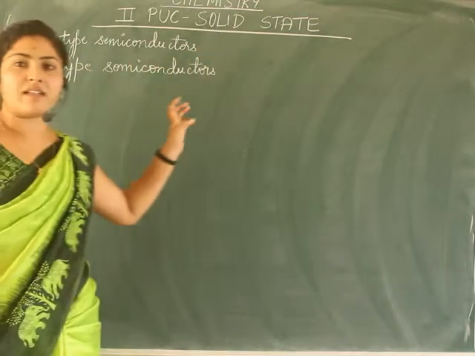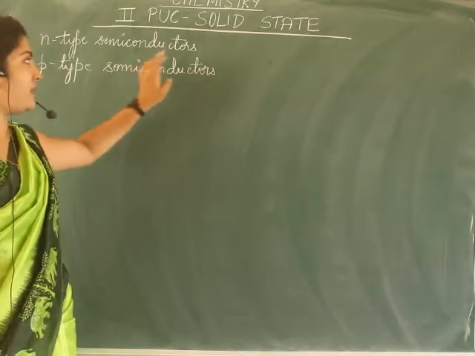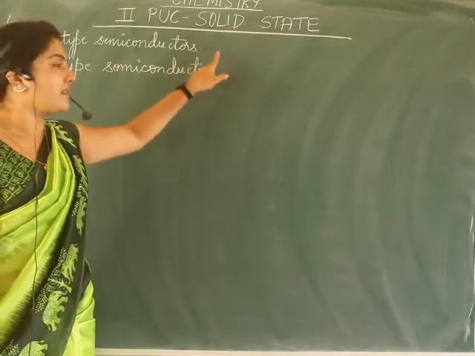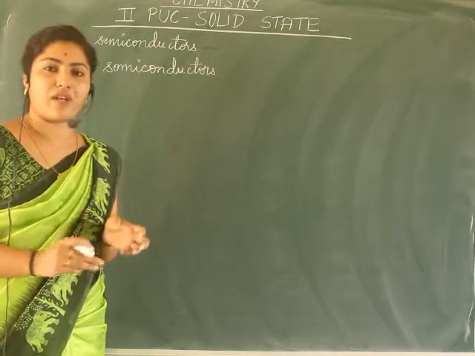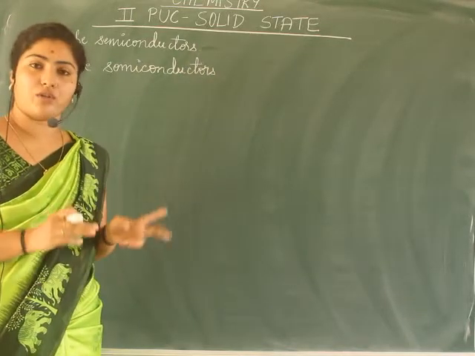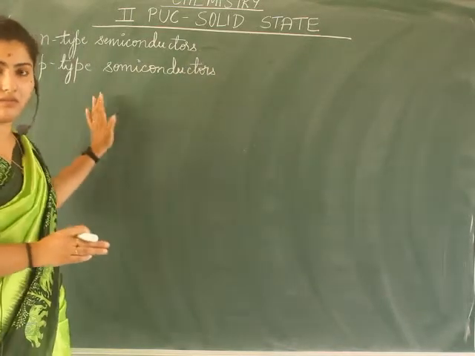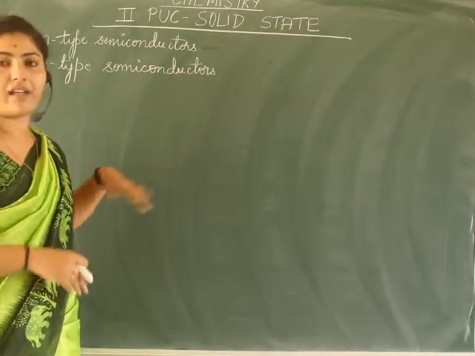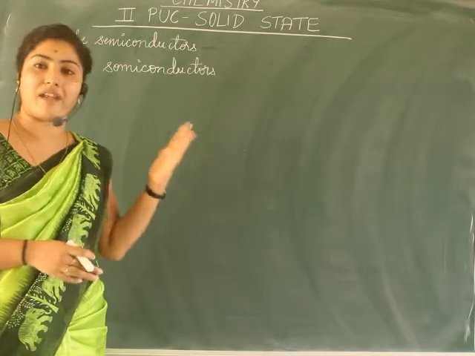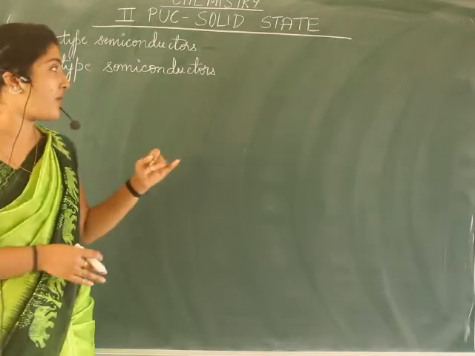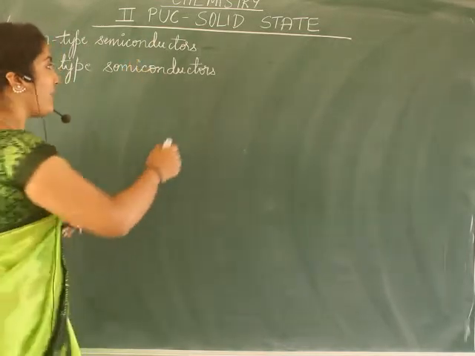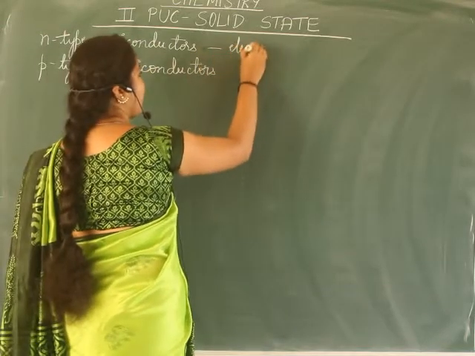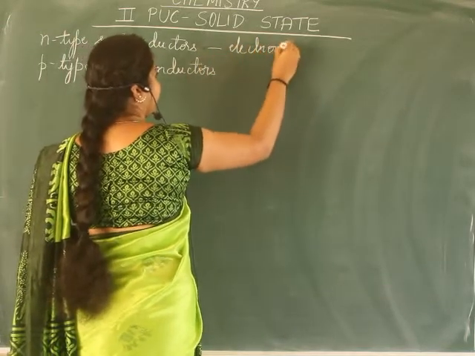We know that these are the semiconductors that we obtain when the intrinsic semiconductor, that is silicon and germanium, is doped with group 15 elements. A pentavalent impurity is added, so it has 5 electrons. 1 electron will be extra, and that extra electron will act as charge carrier. Here electrons are the charge carriers.